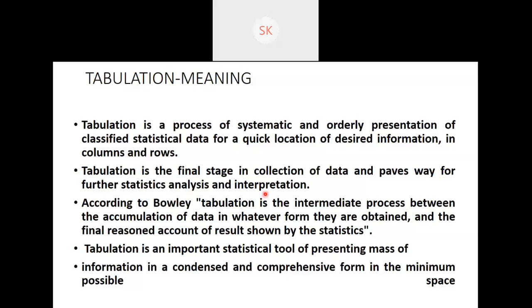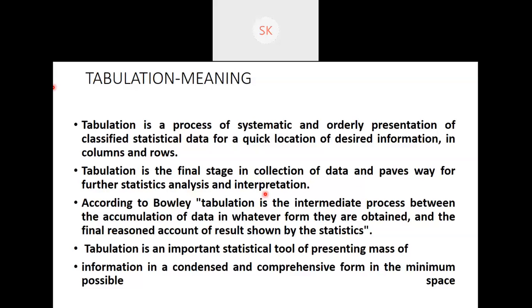We write down the values, we write down the frequency, we calculate the cumulative frequency. Once you calculate all the three, it means you have tabulated the data. So now this table is ready for further calculations. What are the further calculations? Calculating the median. Later on you will go on and calculate the median. So preparing that table is called tabulation.